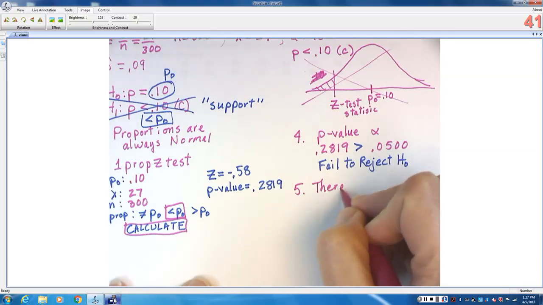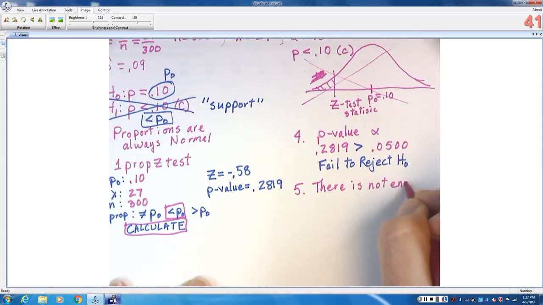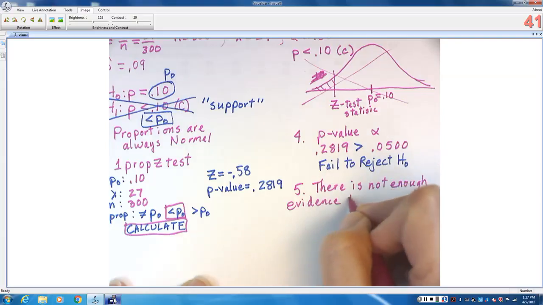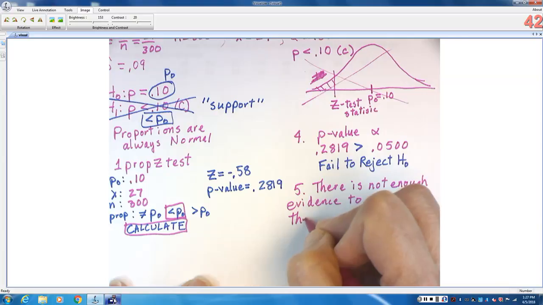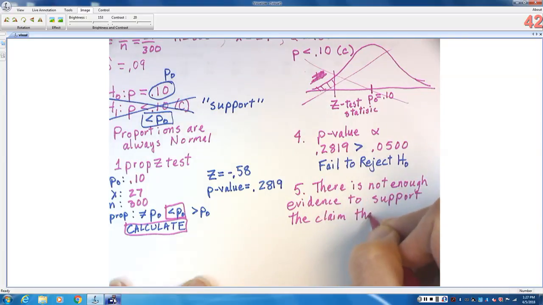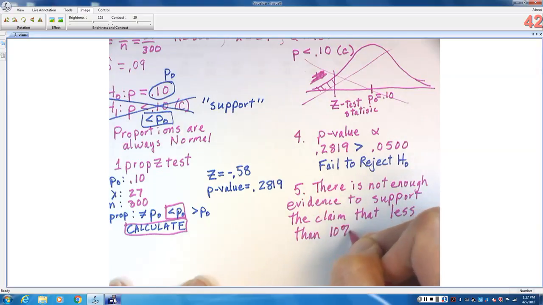It wasn't statistically significant to support the claim that less than 10% of the test results are wrong.